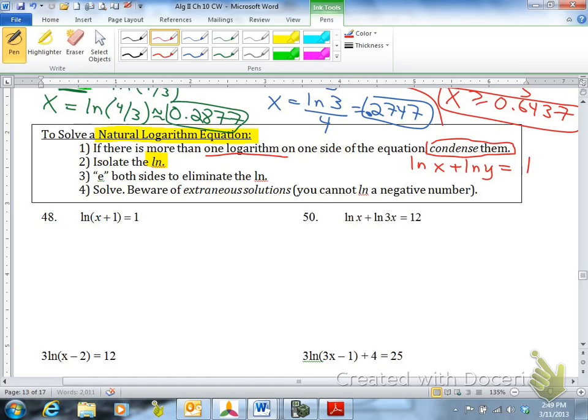That would be ln of xy. And all those properties, a difference becomes a quotient, and a coefficient becomes an exponent. You should know each of those in this section. So you condense them first, then you isolate ln, and then you e both sides. And lastly, you have to be careful about extraneous solutions, since you can't take a log of a negative number.